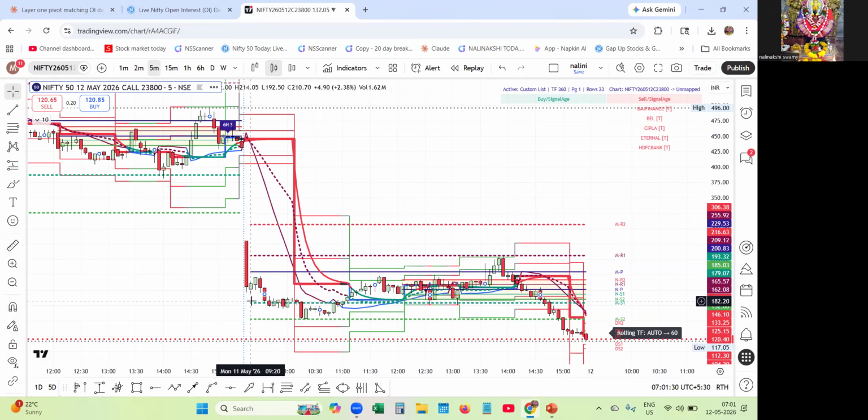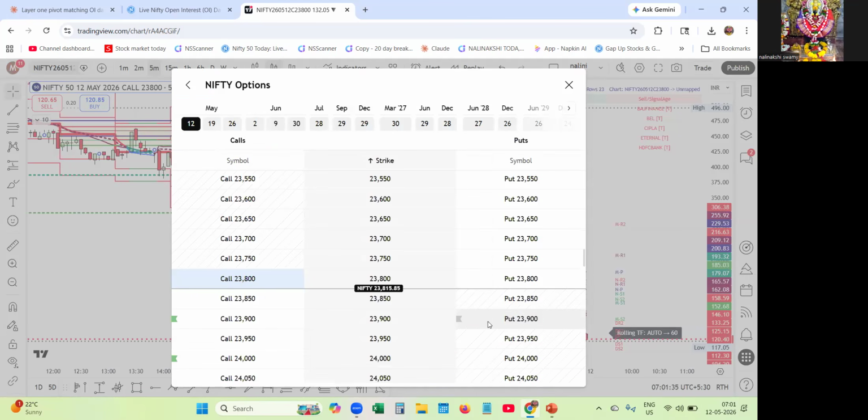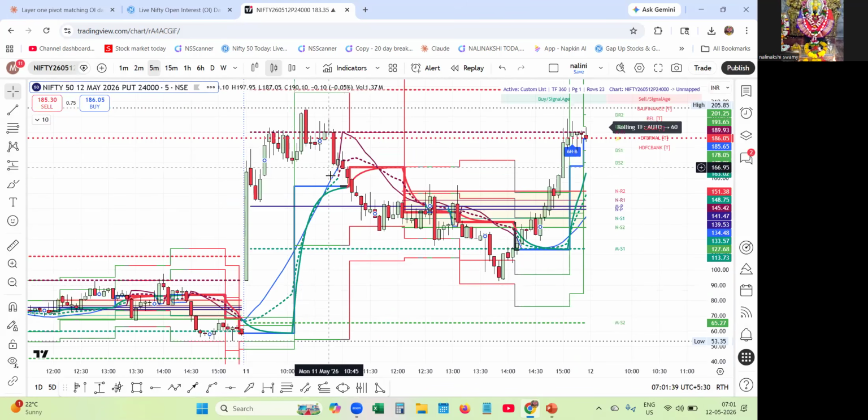See, when you go back to the 24,000 put option, it was a change in open interest. It started losing balance over here around noon, and it came down.